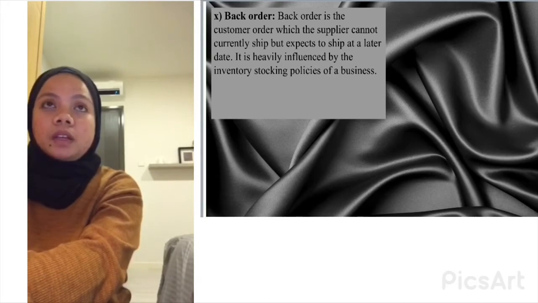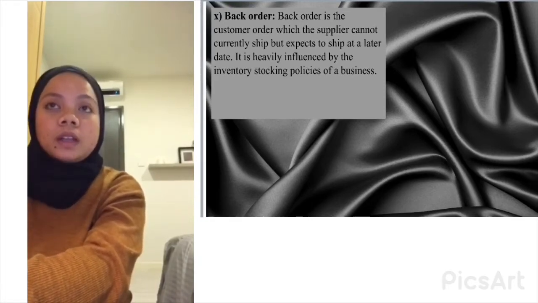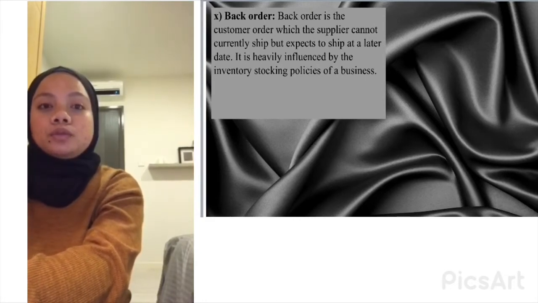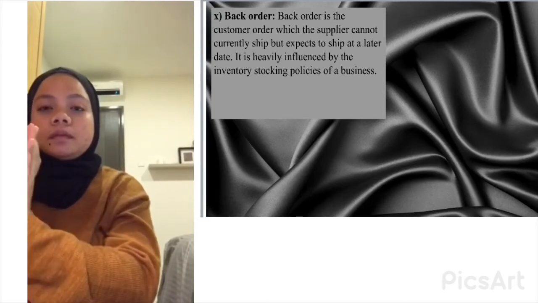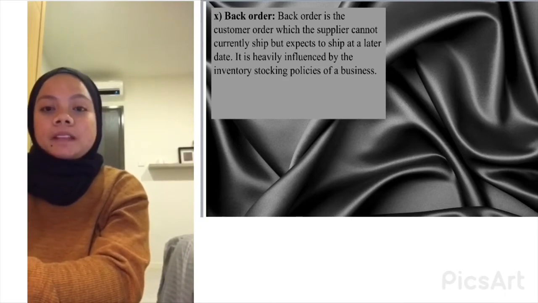Maybe a particular supplier is short of stock, but they promised the customer delivery today, and due to the shortage of stock, they expect to ship those goods to the customer at a later date. So yeah, that's the back order.